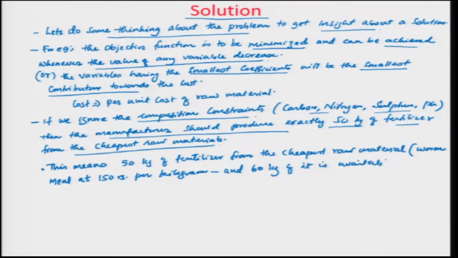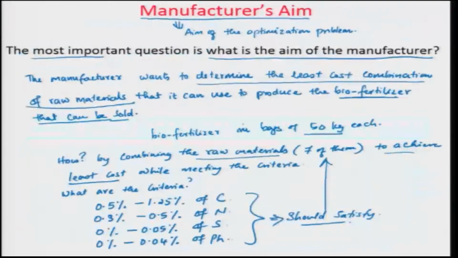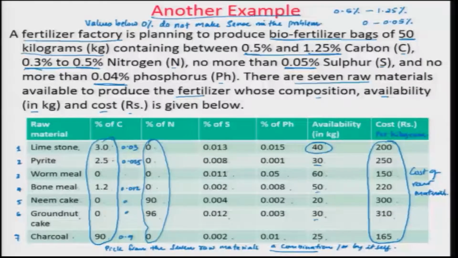How do I know that? If you go back to the table, you will see that the price of it is 150 rupees and there are 60 kilograms of it available. So I can easily make 50 kilograms of fertilizer from that.